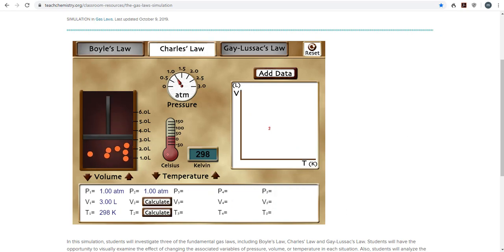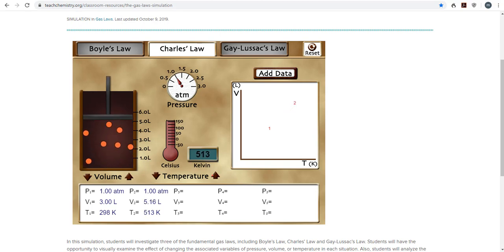Now in the simulation, I'm just going to go ahead and click over to Charles' law. Now we're just looking at volume and temperature. Pressure does not change. So if I wanted to increase the temperature, there's an invisible Bunsen burner underneath. Then I'm increasing the volume.